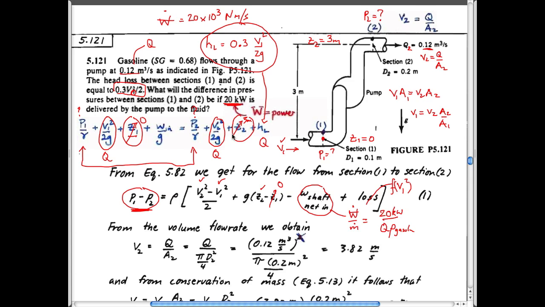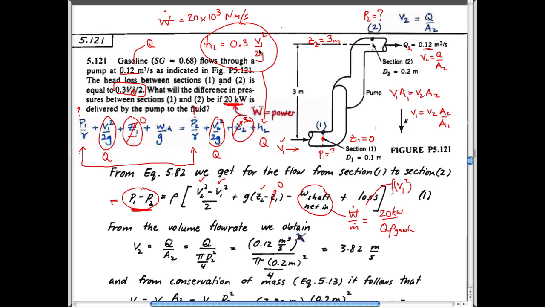So then why did you bring the gravity term into your head loss equation? Oh, you mean these two equations? No, you have head loss equals 0.3 velocity 1 squared over 2g. Oh, yeah, this is the head loss written in terms of length.